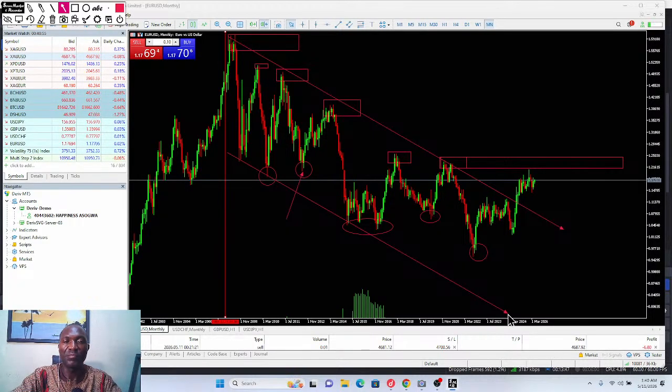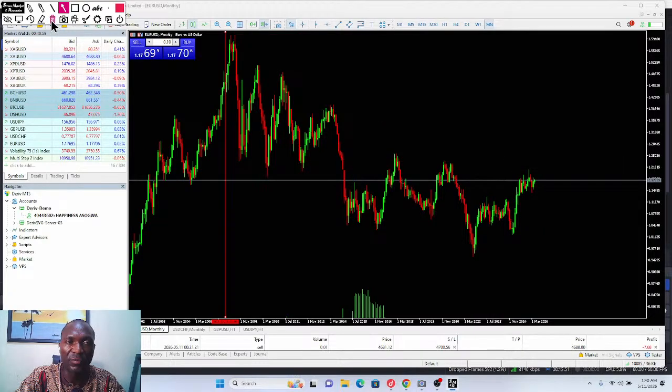So this is market structure for what? A downtrend, which consists of a series of lower highs and lower lows. So now we want to move on to know the next action. We've been able to identify the downtrend market structure.